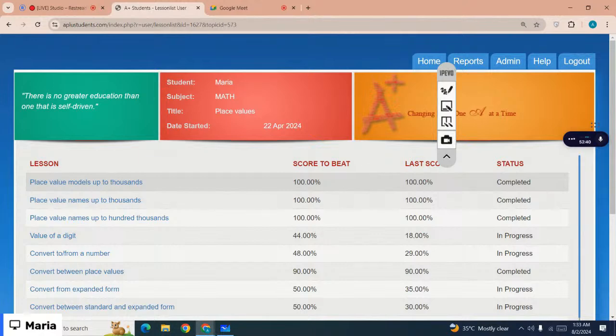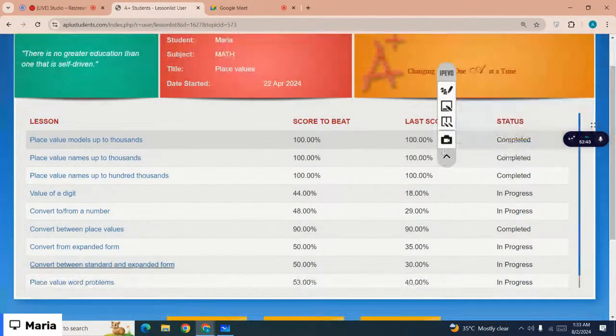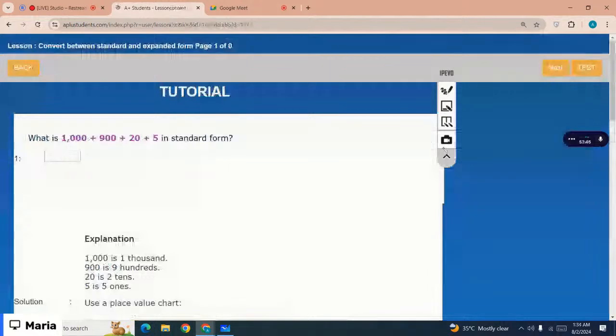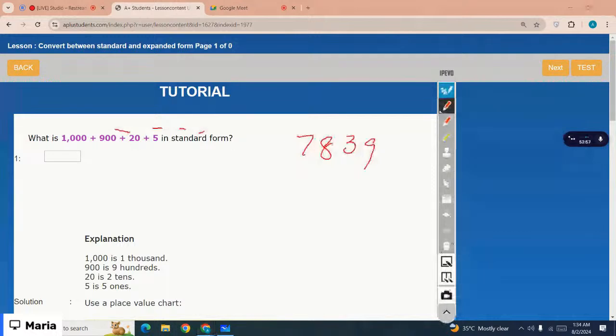The next lesson is convert between standard and expanded form. So the one we just learned is expanded form, right? When you write the number like this, 1000 plus 900 plus 20 plus 5, that is the expanded form, right? And when you write it in the number form like 1925, that is the standard form, right?